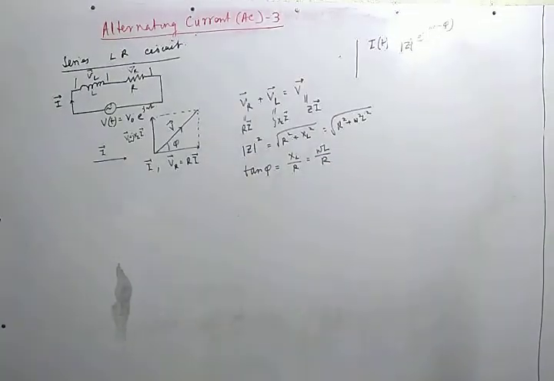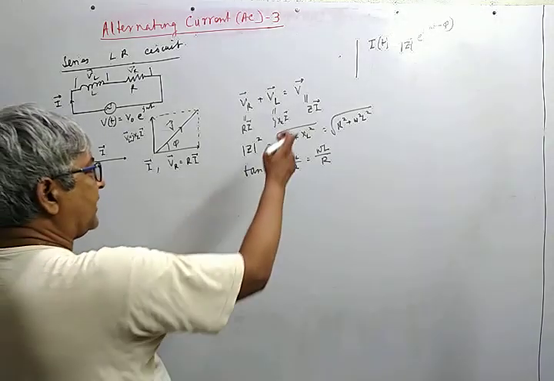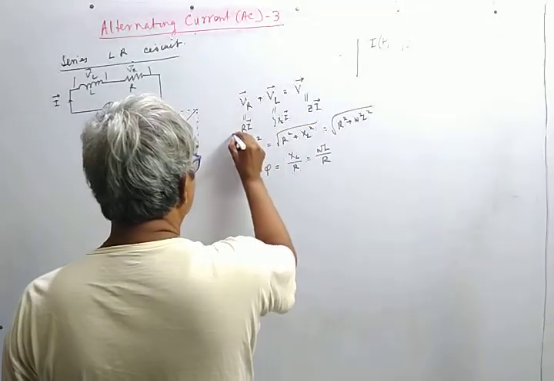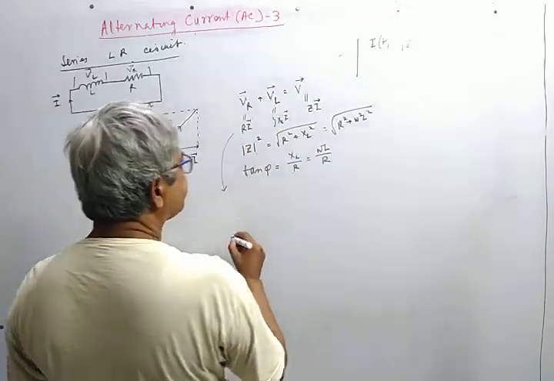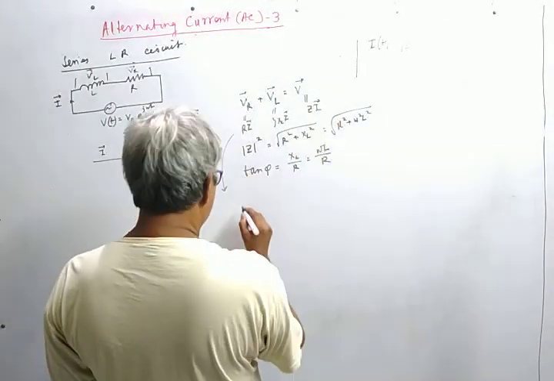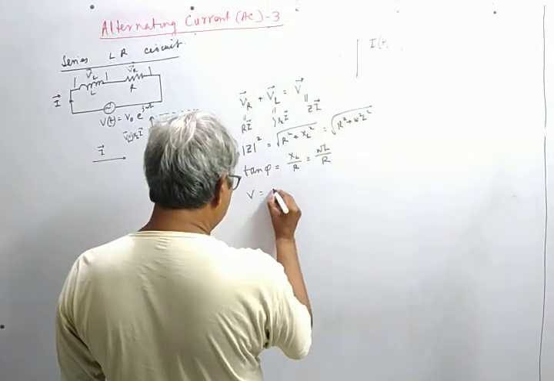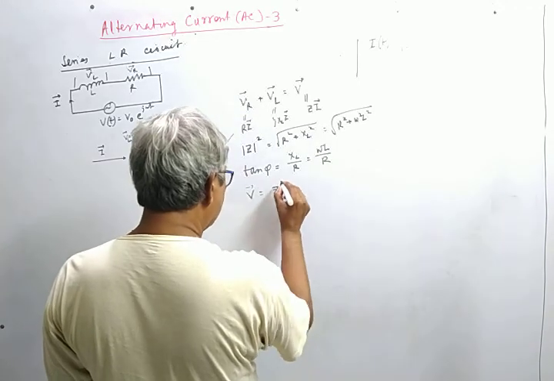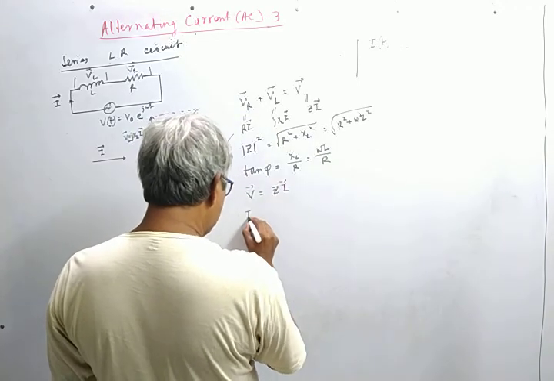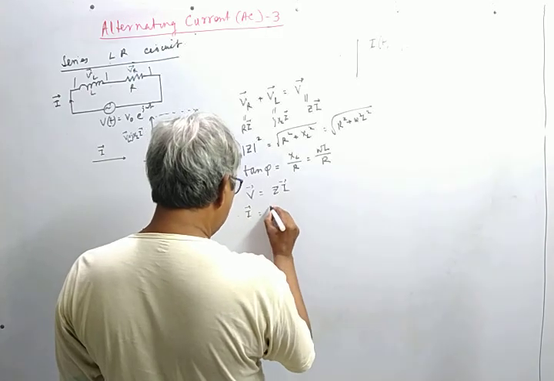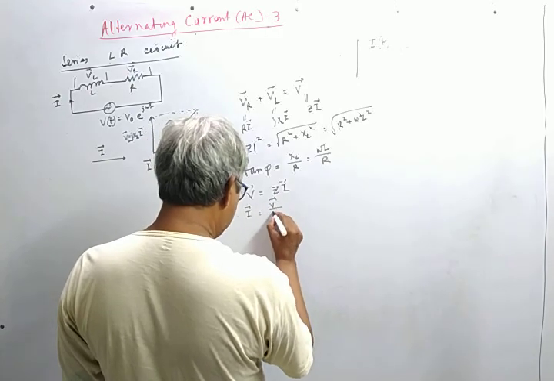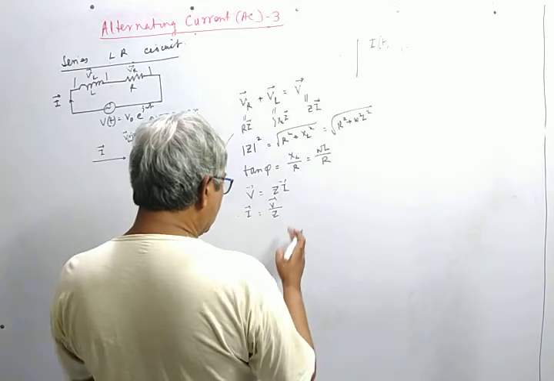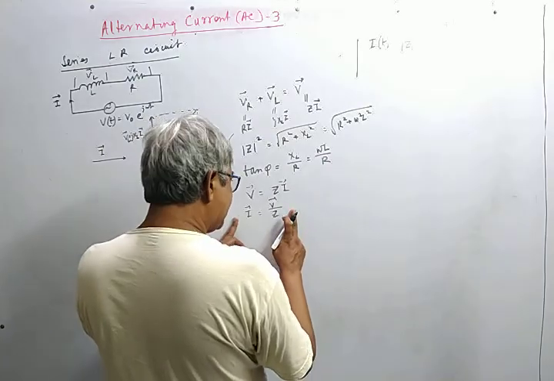So we get the same solution, and from this equation we get V is equal to ZI. So we can write I is equal to V by Z in terms of phasors.